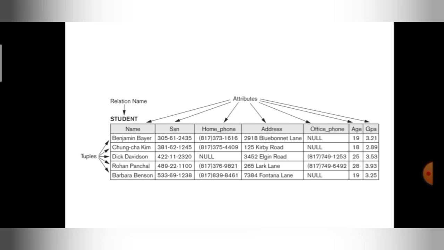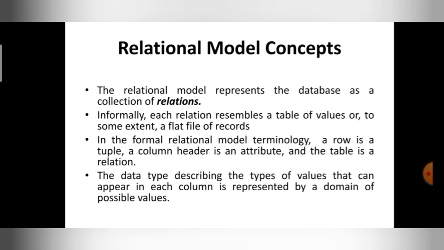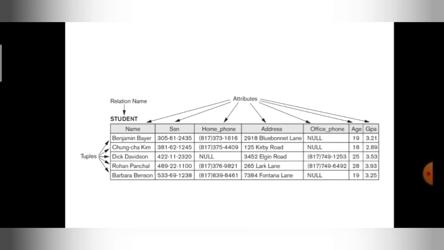The columns in the table represent the attributes. Hope you are understanding. And each relation will have a name. Here, what is the relation name? Student. I told you, there can be a course table, a faculty table. You can store any number of tables in a database.